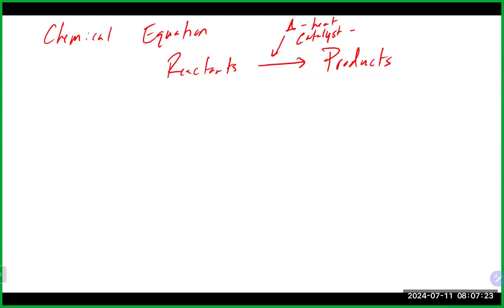They don't get used up in the reaction, but they're usually there just to facilitate the reaction occurring faster. So sometimes you'll see things like perhaps a metal like platinum. You may even see an H plus, which is an acid as a catalyst and so forth. In addition, the states of our reactants and products are usually given as well when we look at the formulas for them.